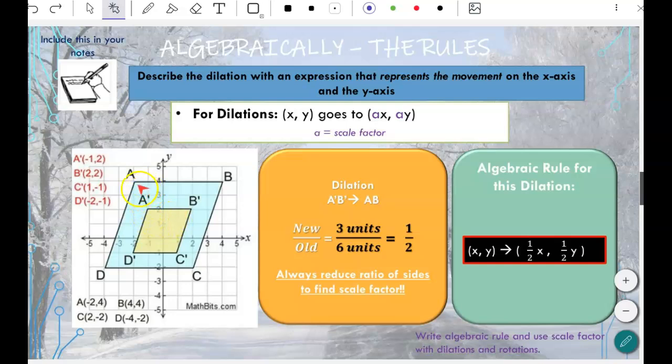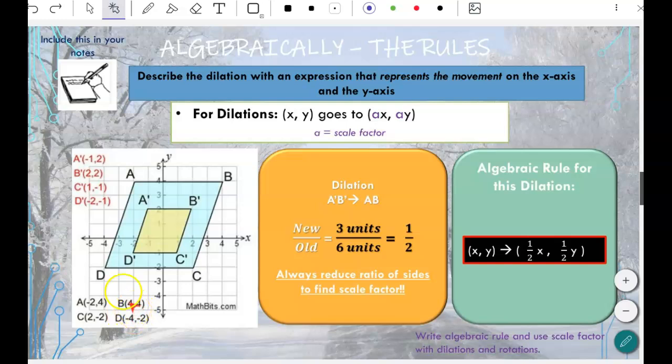So if we look here, just use any two sides. This goes 1, 2, 3, 4, 5, 6. Now this one's easy to see that it's 6, and then this x is 3. 1, 2, 3. But you can also use the coordinates. Let's use B. This is our old one.